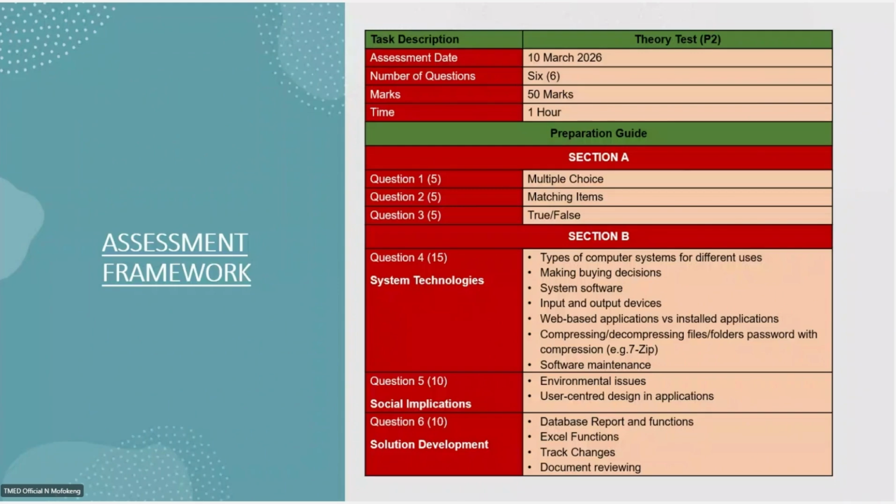Now we also have, on the third bullet, the system software. Remember, we have the application software, we also have the system software. So under system software, we can have your operating system, your utility software. So you should be in a position of understanding what is the purpose of an operating system. What are the examples of operating systems?